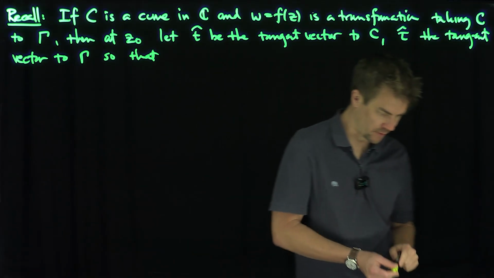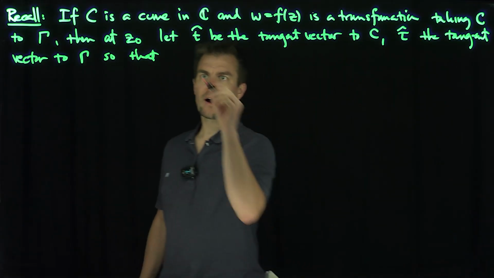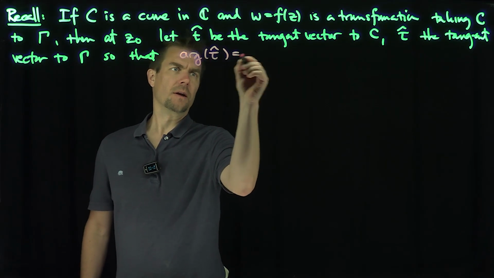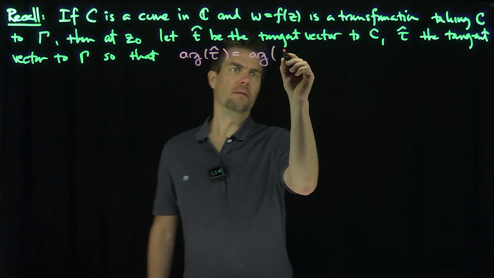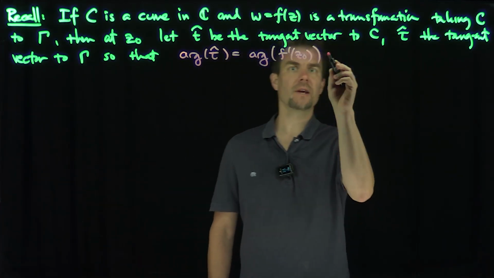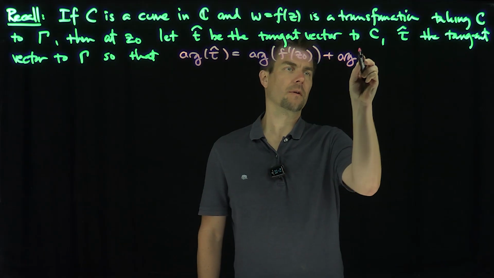This is the basis of the Schwarz Christoffel idea. The argument of tau hat is the argument of f prime of z0 plus the argument of t hat.